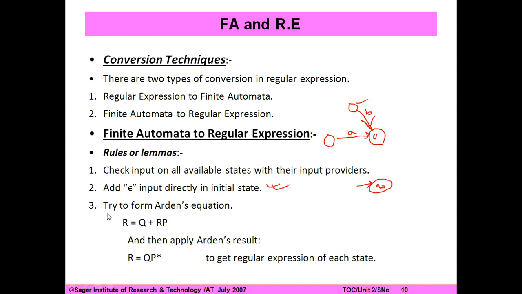The third rule says we'll have to try to form Arden's equation. If you don't know about Arden's equation, please go and see the identities. It says if we have an equation like this one, we are going to write directly this one. So this Q plus RP will get replaced by QP asterisk.